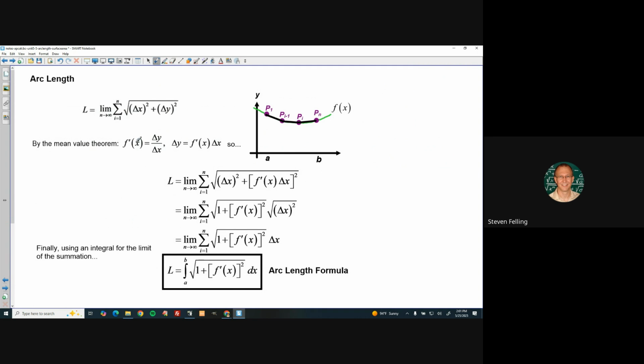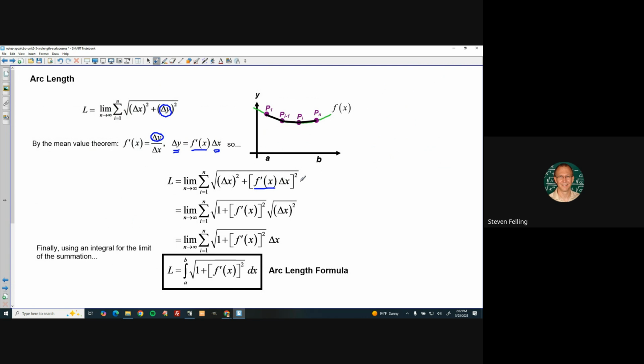So that can be used to solve for delta y. If you multiply both sides by delta x, delta y is equal to f prime times delta x.